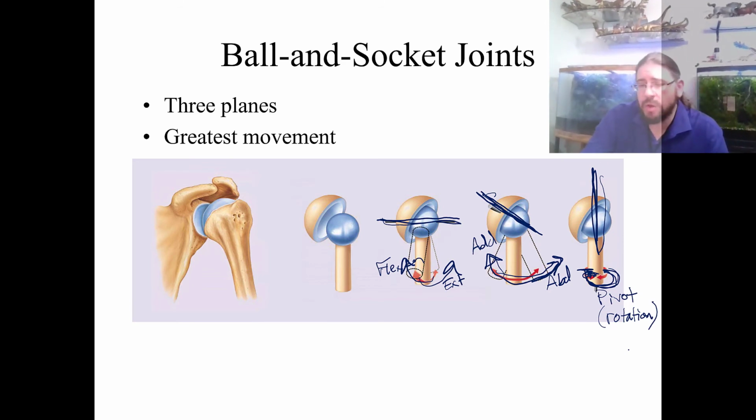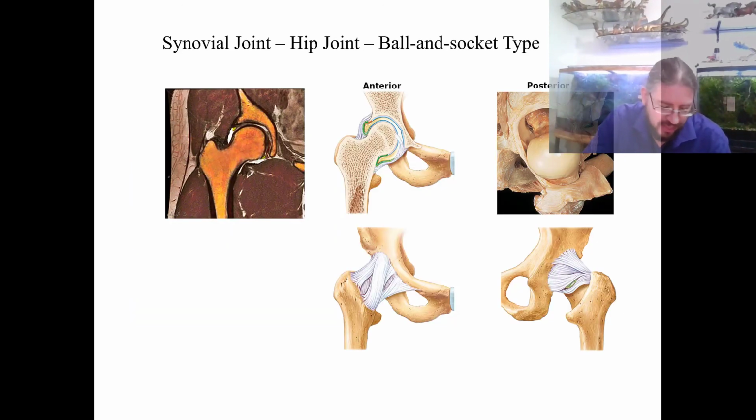And again, your only ball and sockets are the glenoid fossa and the humerus and the acetabulum and the femur. So this is our femur here and our acetabulum, right? So acetabulum of the hip, head of the femur.